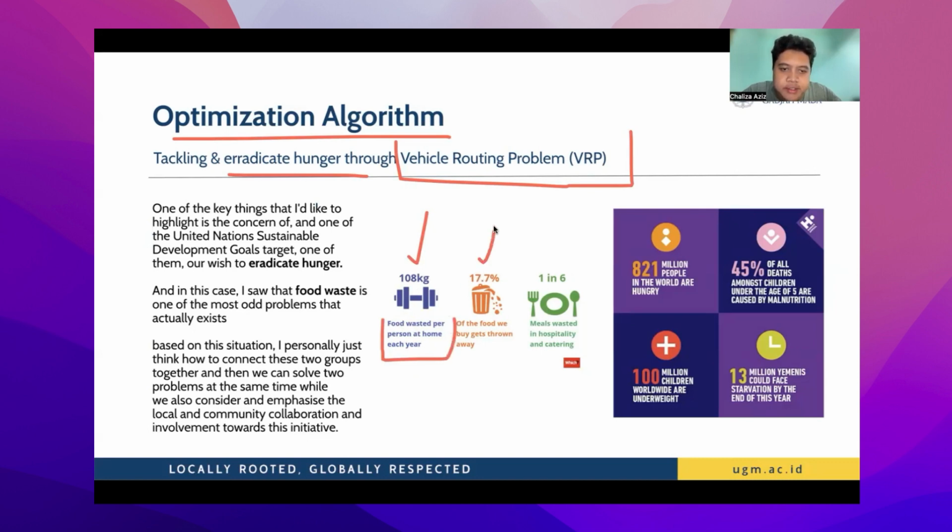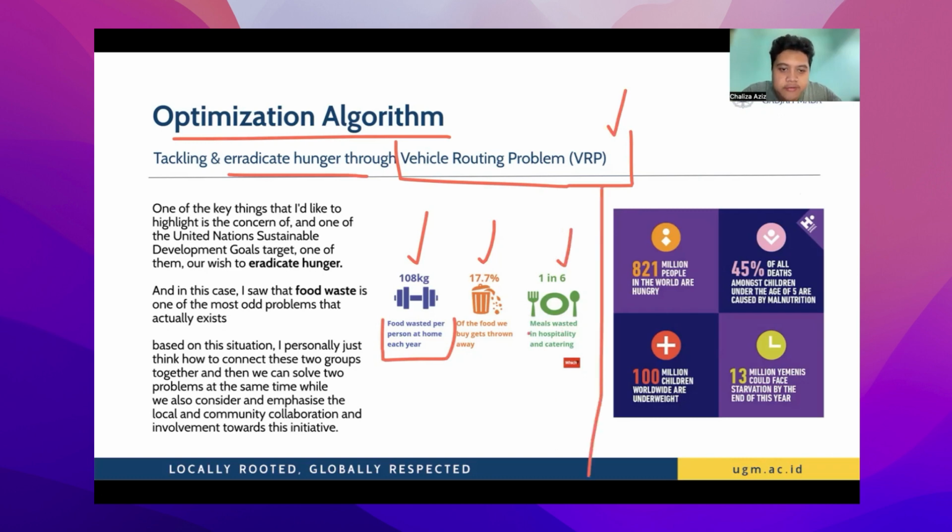Around 17% of the food that we buy daily is thrown away. And especially, 1 in 6 of it is food wasted in the hospitality and catering industry. I think it's not our case, but this algorithm can also work in that case.